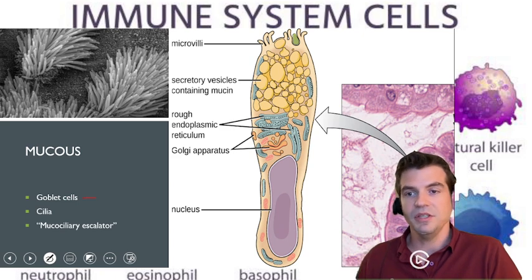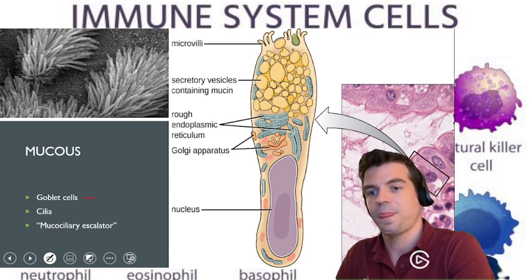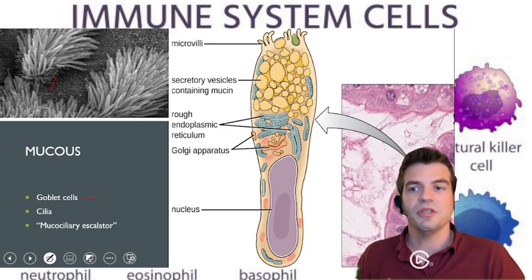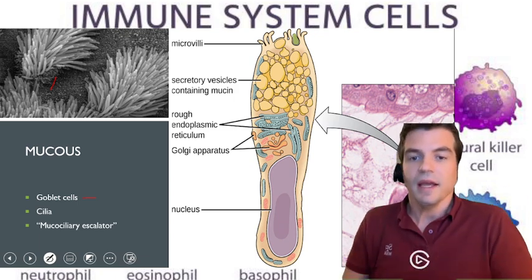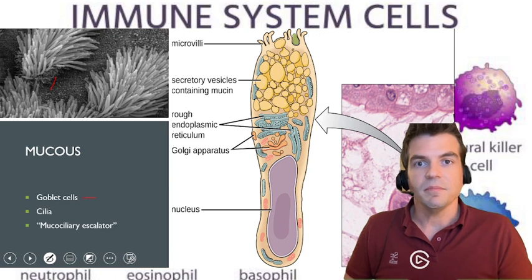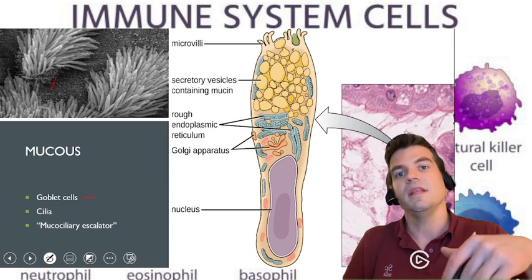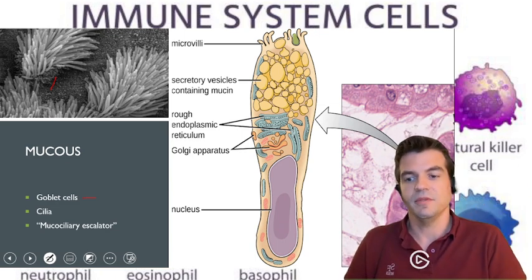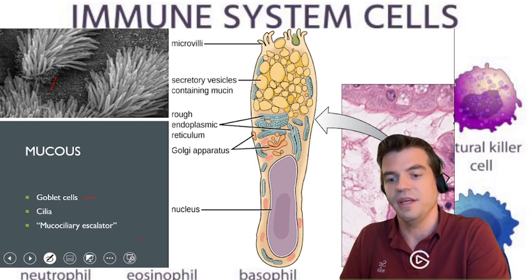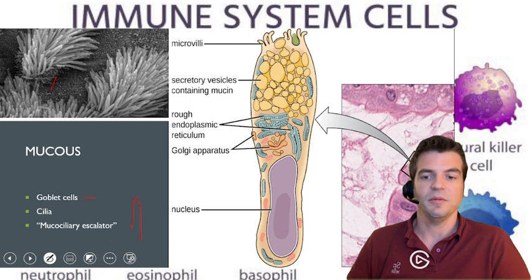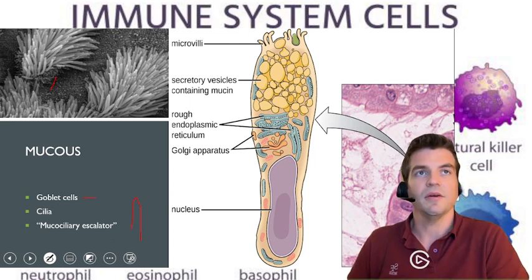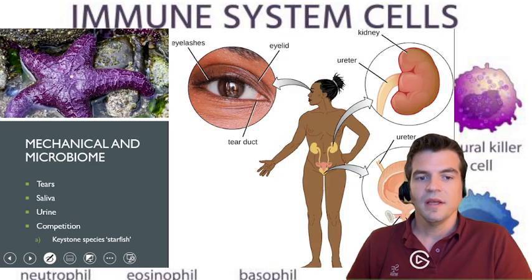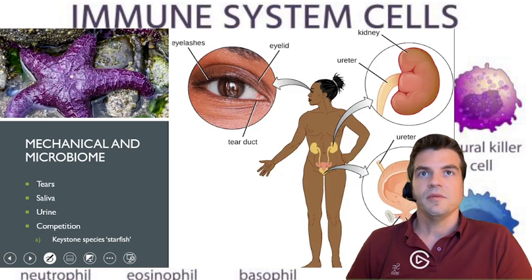The cilia that you can see here are projections into the trachea, and they will actually work the pathogens out using a mucociliary escalator. They get it out of the lungs and then down into the stomach and through the esophagus. You can see how goblet cells are made here.